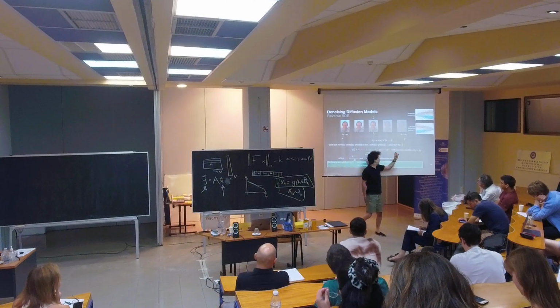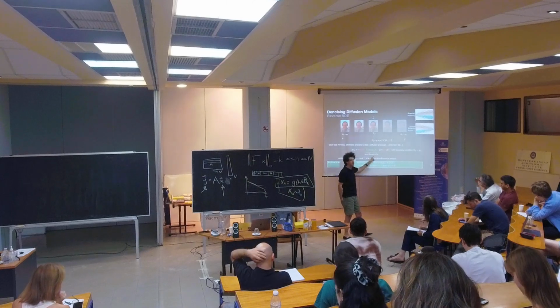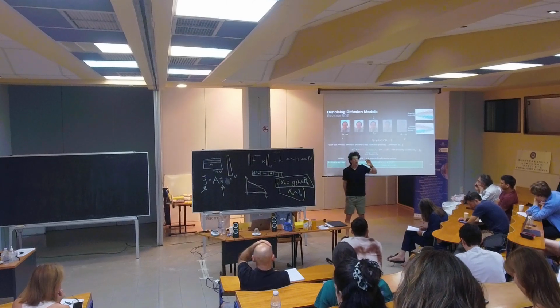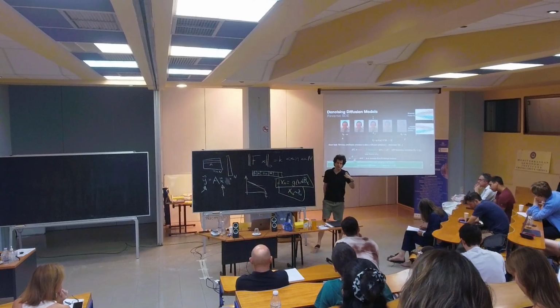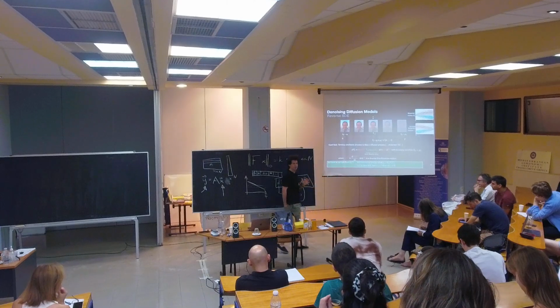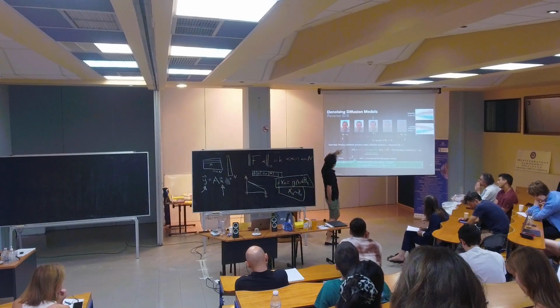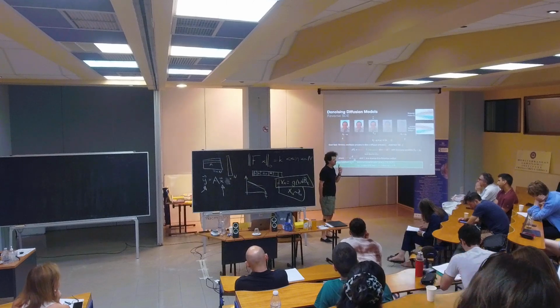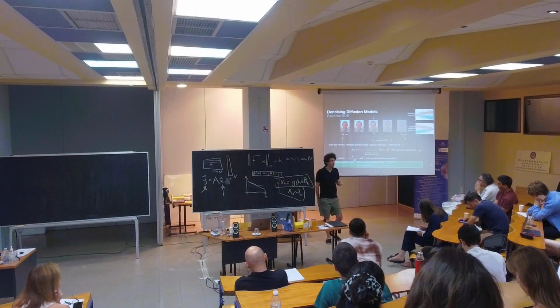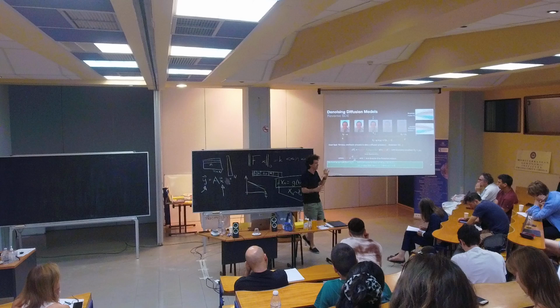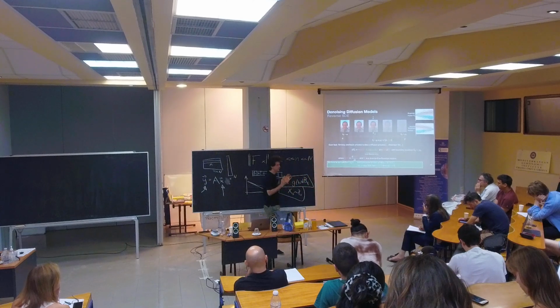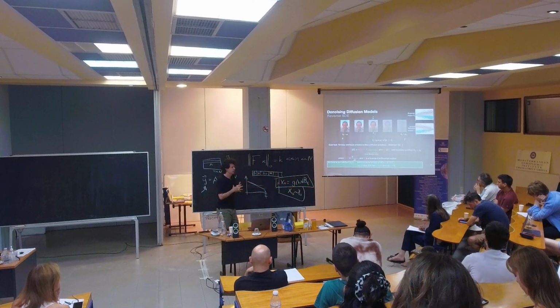Two, I'm going to have errors in estimating the score. Three, I'm going to discretize. You can quantify the impact of all of these errors in terms of total variation distance between what you're actually sampling versus what you want to be sampling, and you can contain all these errors. You can quantify exactly what the impact of all these errors is.